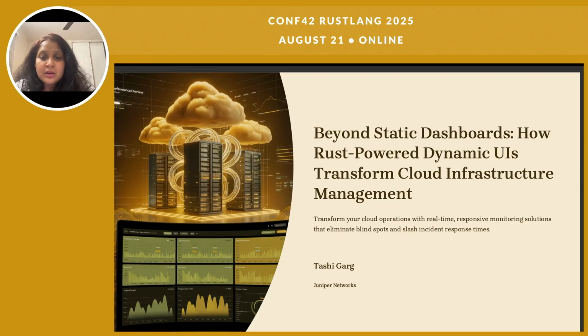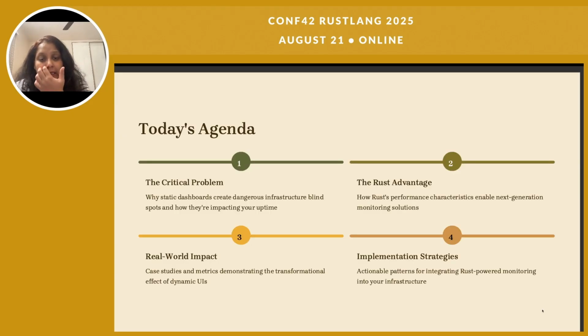So, in this talk, I'll explain why this happens, how Rust helps us eliminate those blind spots with predictable low latency monitoring, and what happens when the organization makes that shift. So let's see the agenda for the day. We will start by looking at the operational impact of the static dashboard.